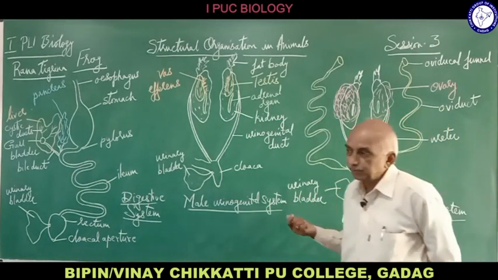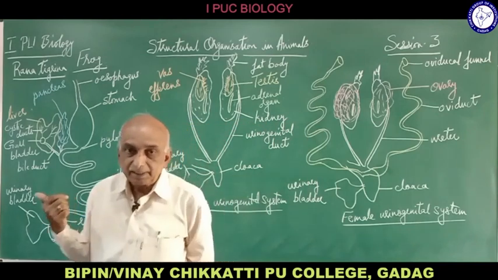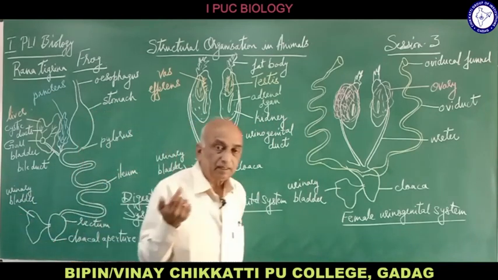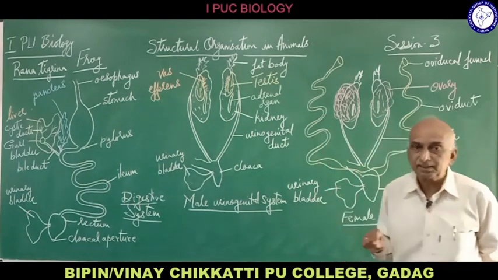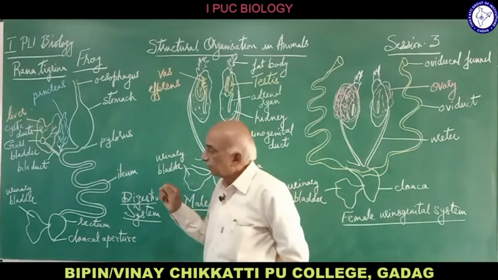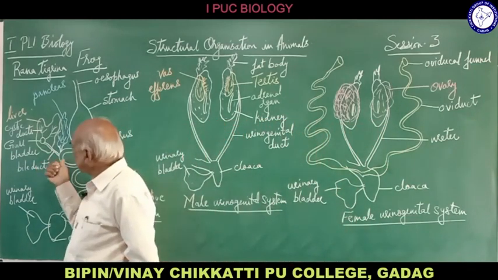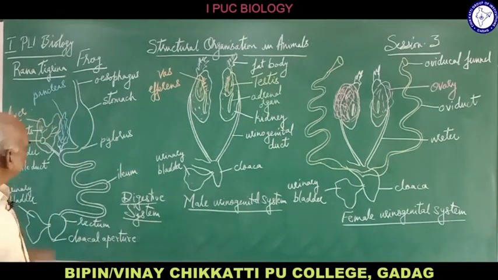The bile juice produced by the liver does not directly flow into the intestine. It is stored in the gallbladder, transported by the cystic ducts, and from the gallbladder, with the help of a bile duct, the bile juice is carried to the intestine or the ileum.